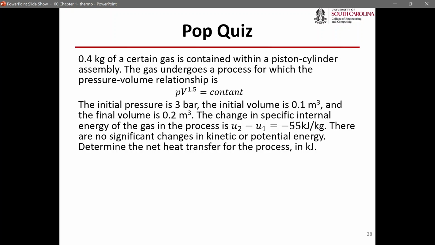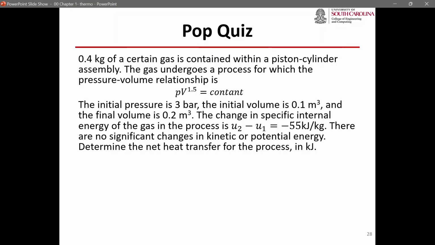The change in specific internal energy of the gas in the process is negative 55 kilojoules per kilogram. There are no significant changes in the kinetic or potential energy. And we want to determine the net heat transfer for the process in kilojoules.